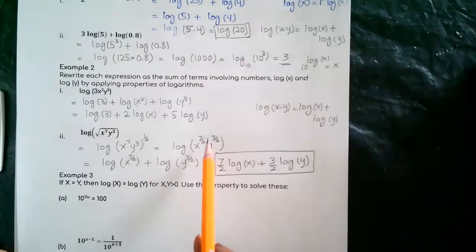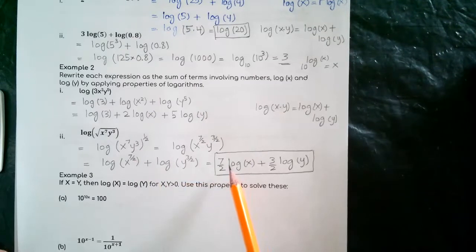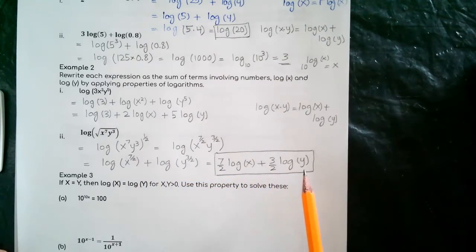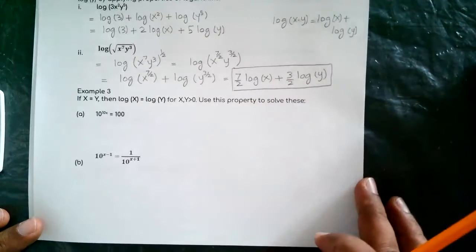Then you separated these two terms. Log of x, exponent 7 upon 2, plus log of y, exponent 3 upon 2. And in the final step, you took the exponents outside, so you ended up with 7 upon 2 log of x plus 3 upon 2 log of y. Okay, so these are the steps you take to solve your problem.